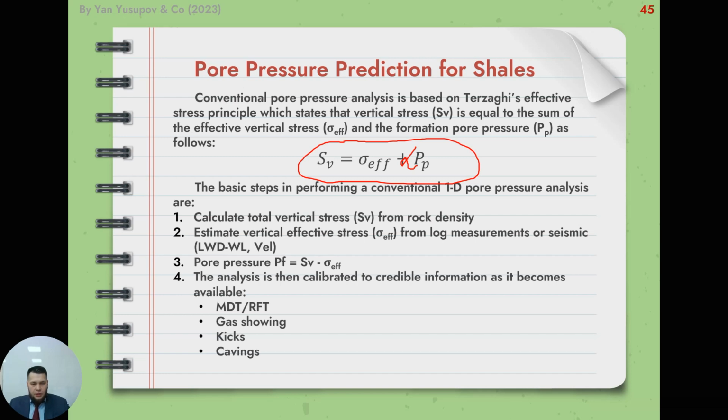Then calculate pore pressure as the difference between total stress and effective stress, and calibration with existing information that is available for us, such as modular dynamic tester MDT, RFT, any gas show data, kicks, cavings in wells, etc.